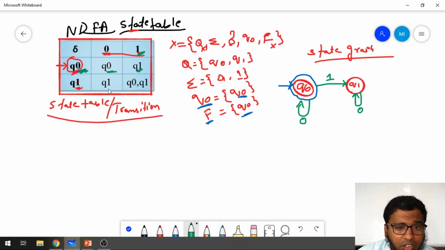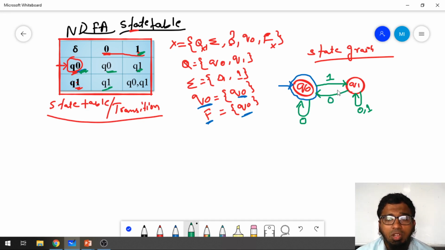Next, Q1 on 1. When the input is 1, it is going to Q0 as well as Q1. So, Q1 on 1 goes to Q0 as well as Q1.